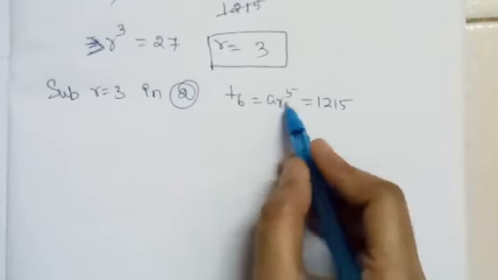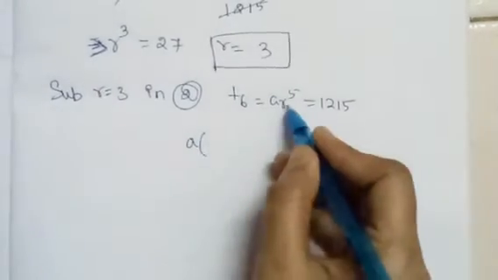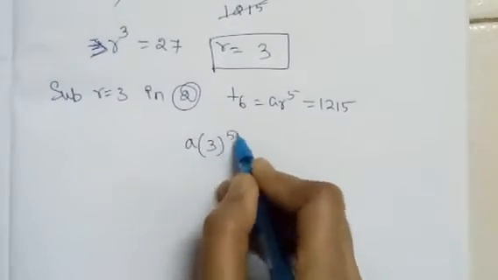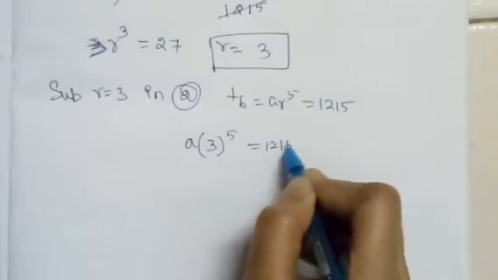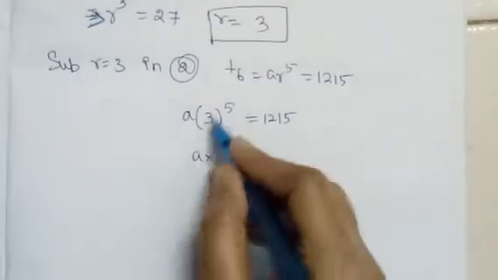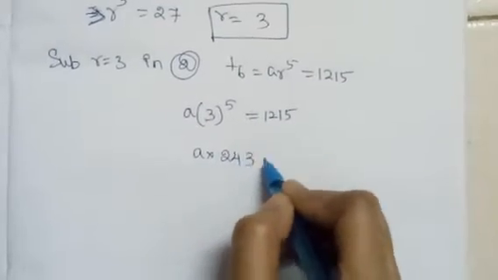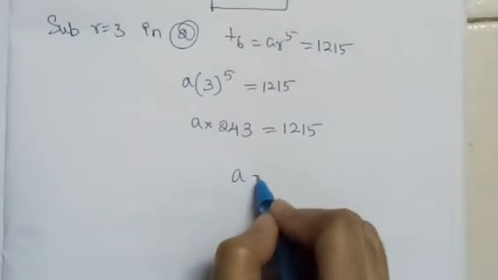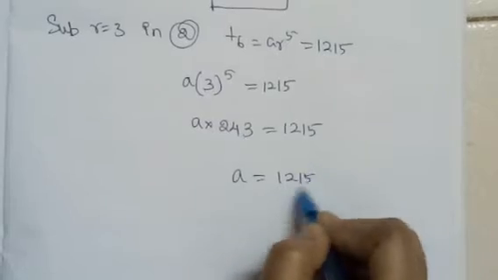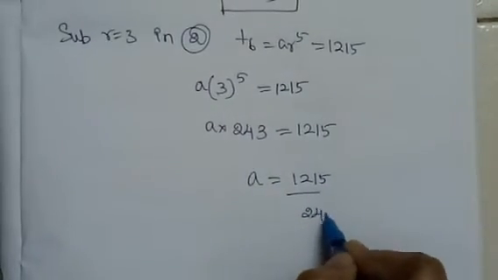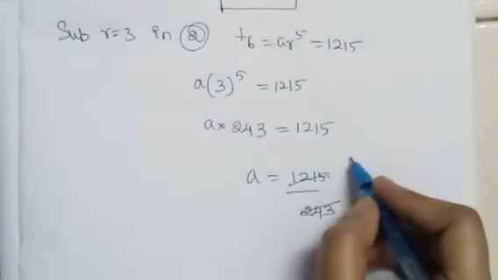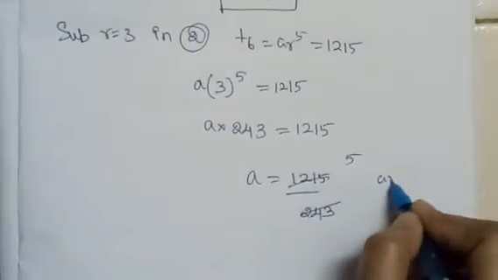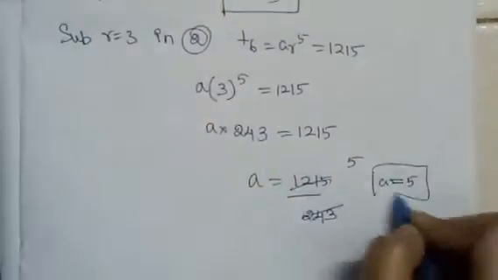So write A into R value, 3 power 5, is equal to 1215. A into 3 power 5, which is nothing but 243, is equal to 1215. Then A is equal to 1215 divided by 243. When we cancel this, we will get 5. So the value of A is equal to 5.